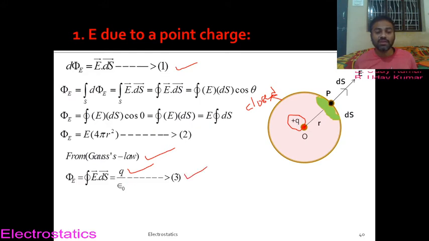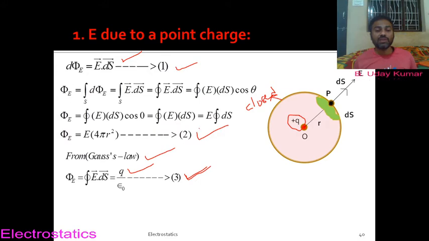This is Gauss law, which is equation number 3. You know this, right? So this is the flux passing through dS, and this is the total electric flux of this system, and this is the mathematical equation that you get from Gauss law.